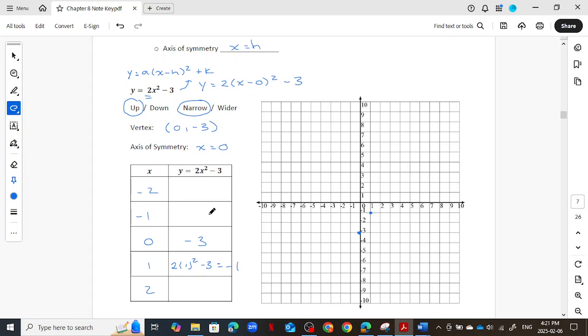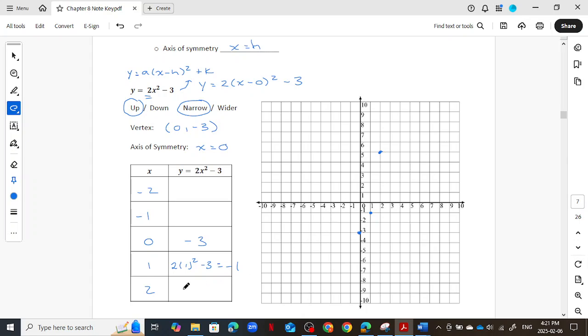So if you can see that, you can skip the table of values altogether, right? So what does that mean? It means that if I was to do another point, normally I'd go over 2 and up 4. Because there's that a value of 2, I'm going to go over 2 and up 8. If you're okay with that, skip the table of values.